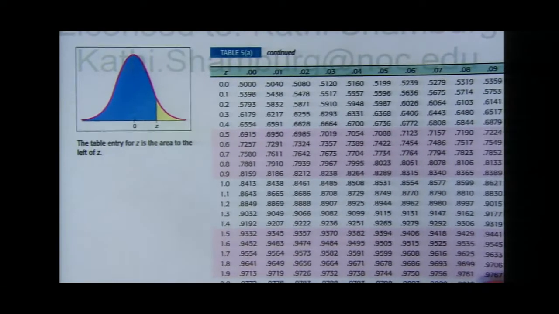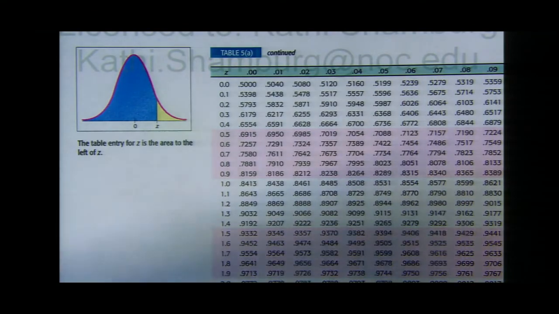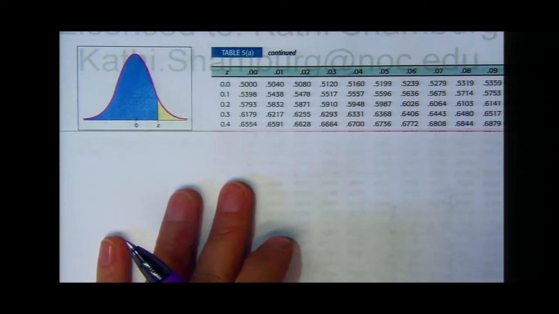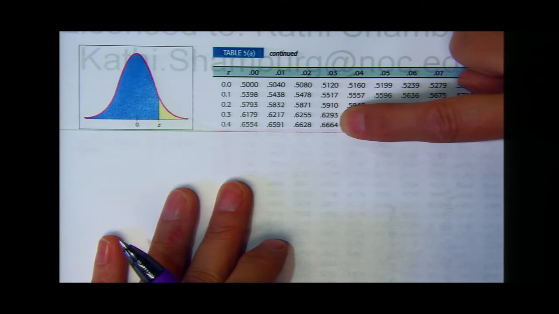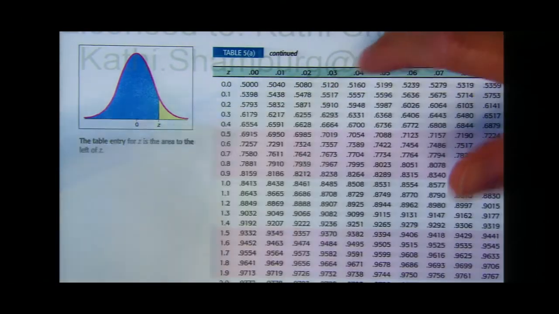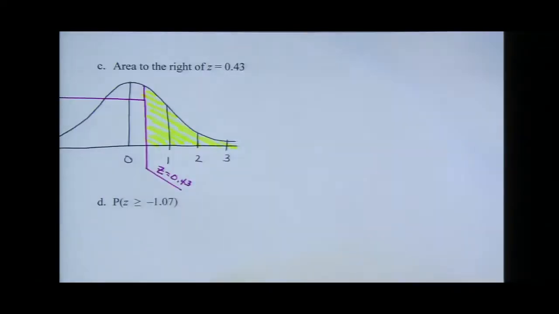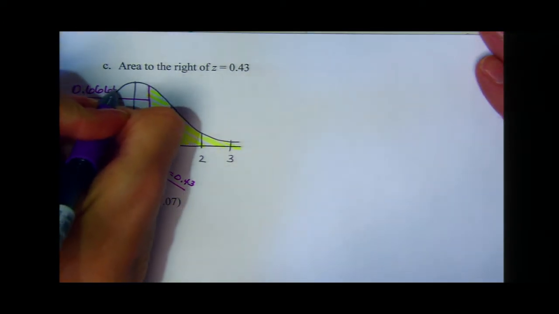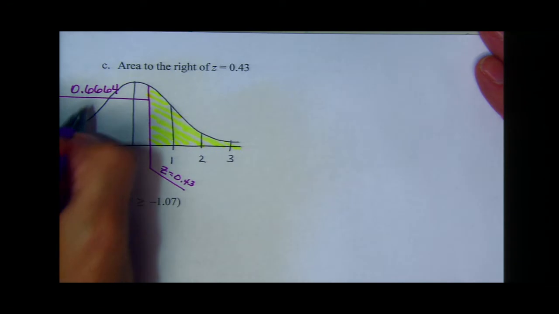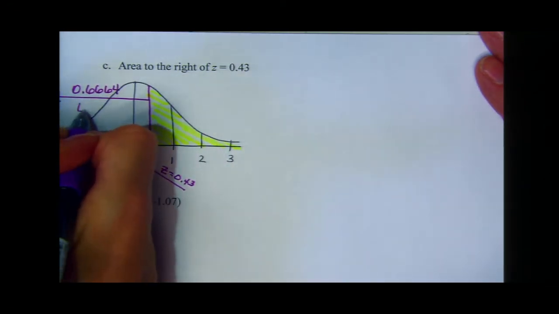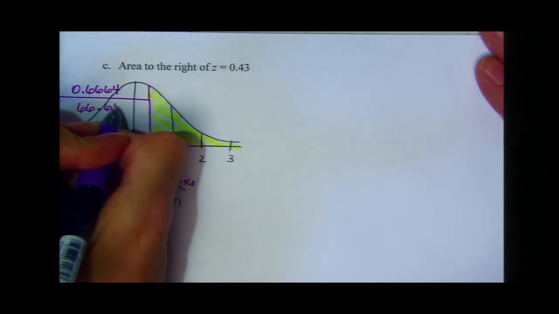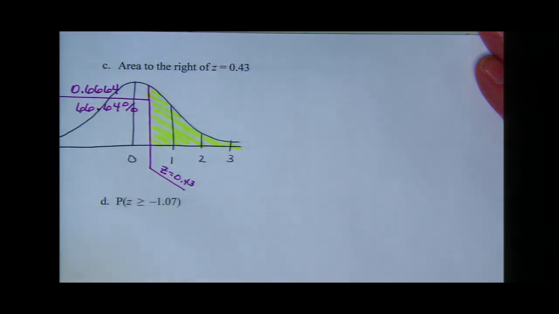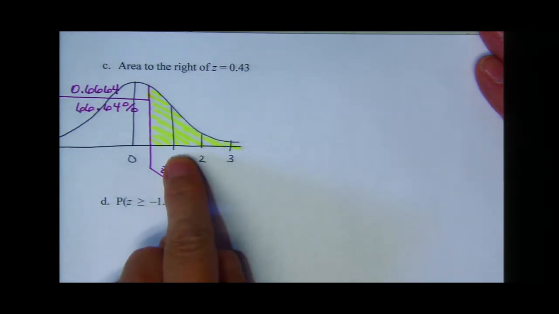So I'm looking for 0.43, so I get 0.6664. And since we're dealing with area, that would be 66.64%.